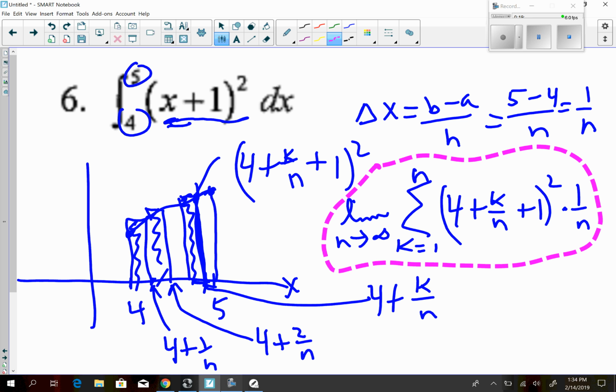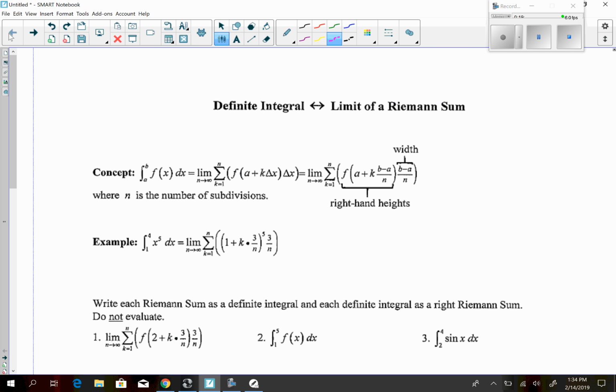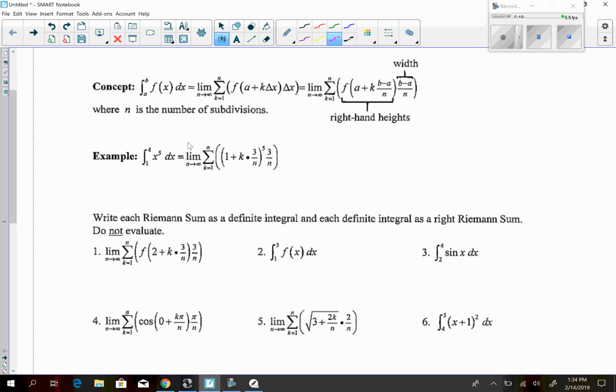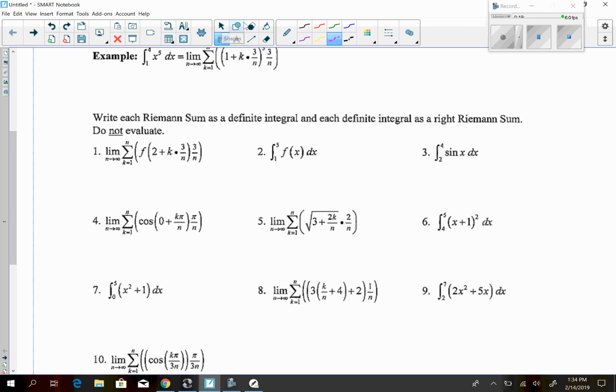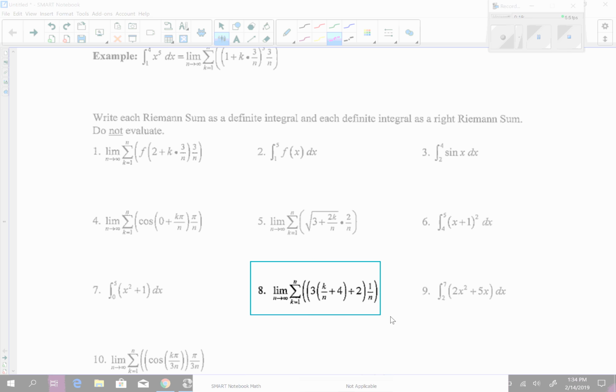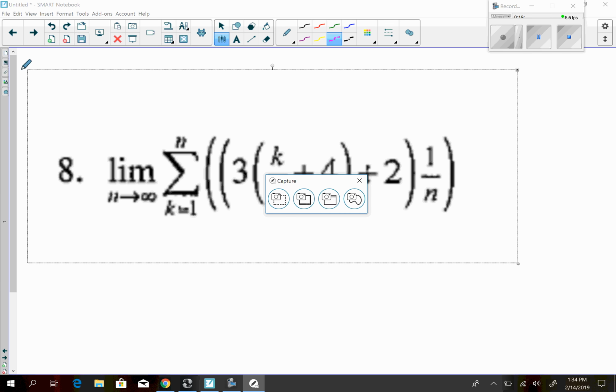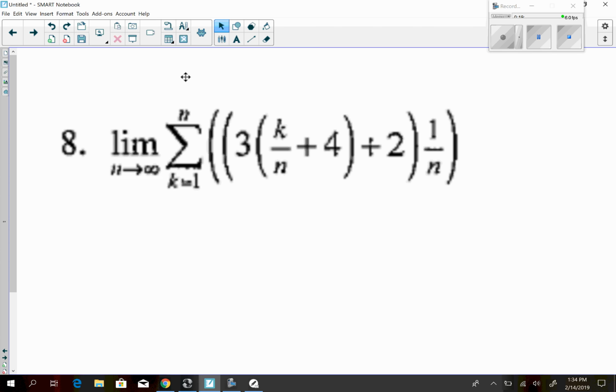Let's see if we can do number 8. Okay, so I'm going to guess that the function, I'm doing a little guessing here, is 3x plus 2.